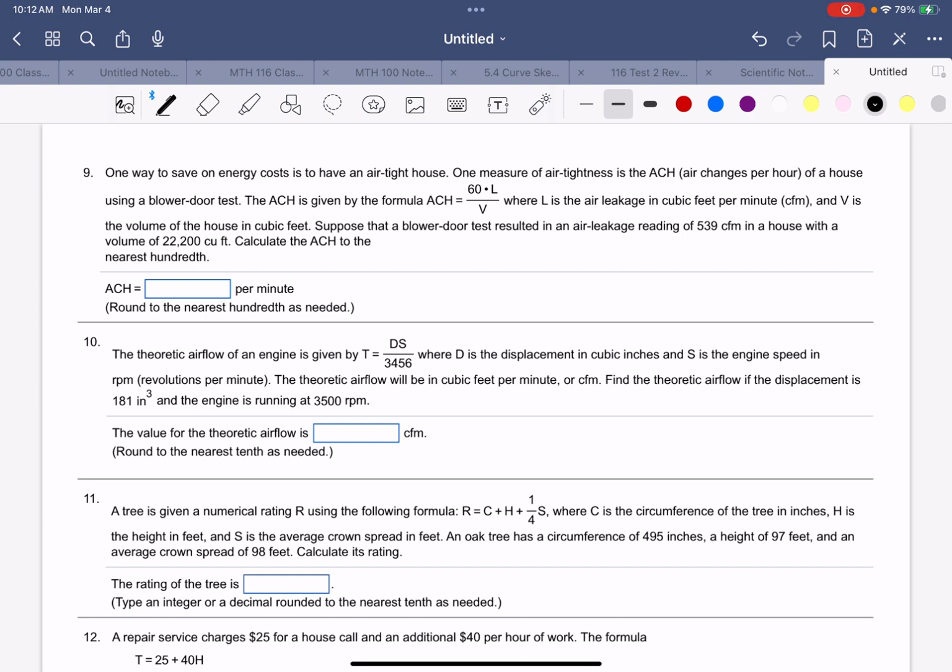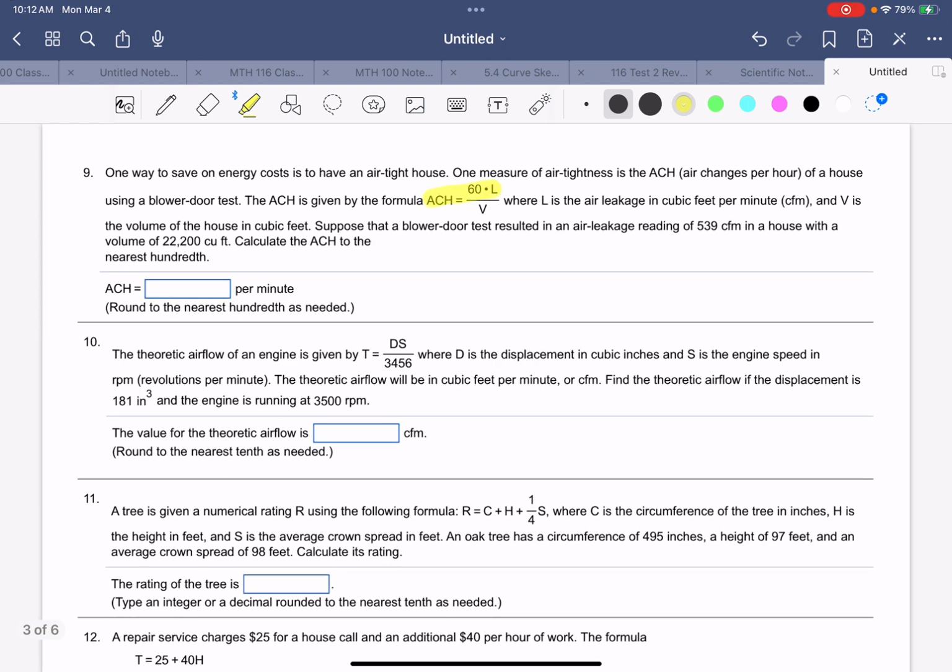Suppose that a blower door test resulted in an air leakage reading of 539 CFMs in a house with a volume of 22,200. Calculate the ACH to the nearest hundredth. So notice that we're given the following.